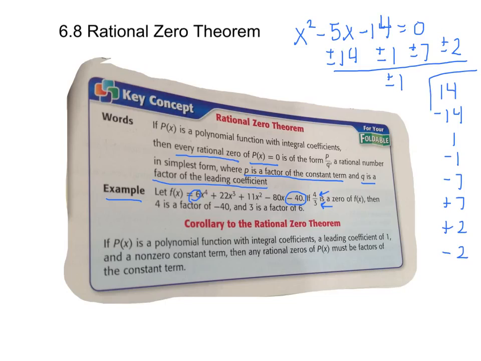Those are all the possible locations of any rational zero for this function. And I got them by taking the factors of the constant and dividing by the factors of the leading coefficient. There are fewer choices here than if you use 40 and 6. I just thought it would kind of clarify. Let's move on.